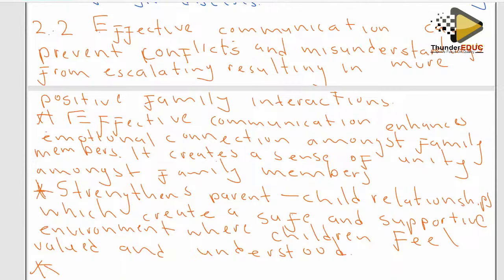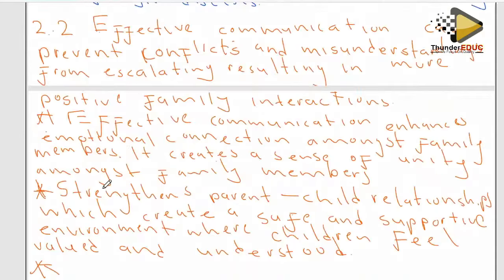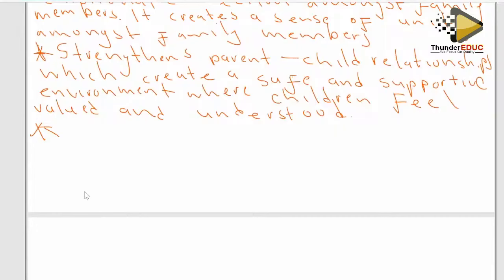Now, moving on to the next question, which is 2.3. Discuss 3 ways in which social pressure can affect young people's well-being. So, 2.3.